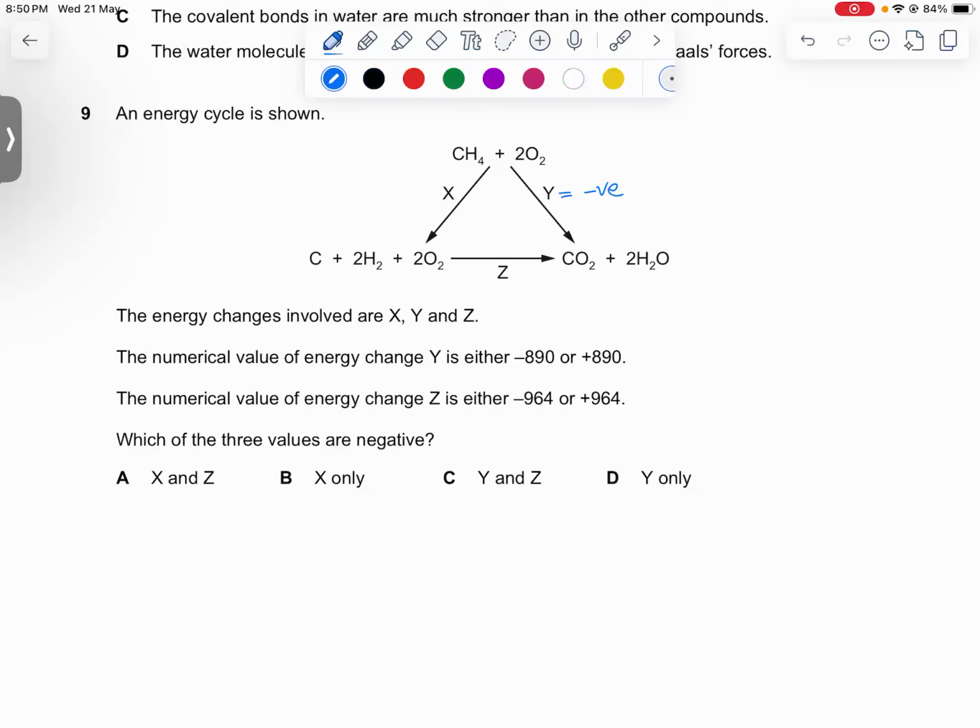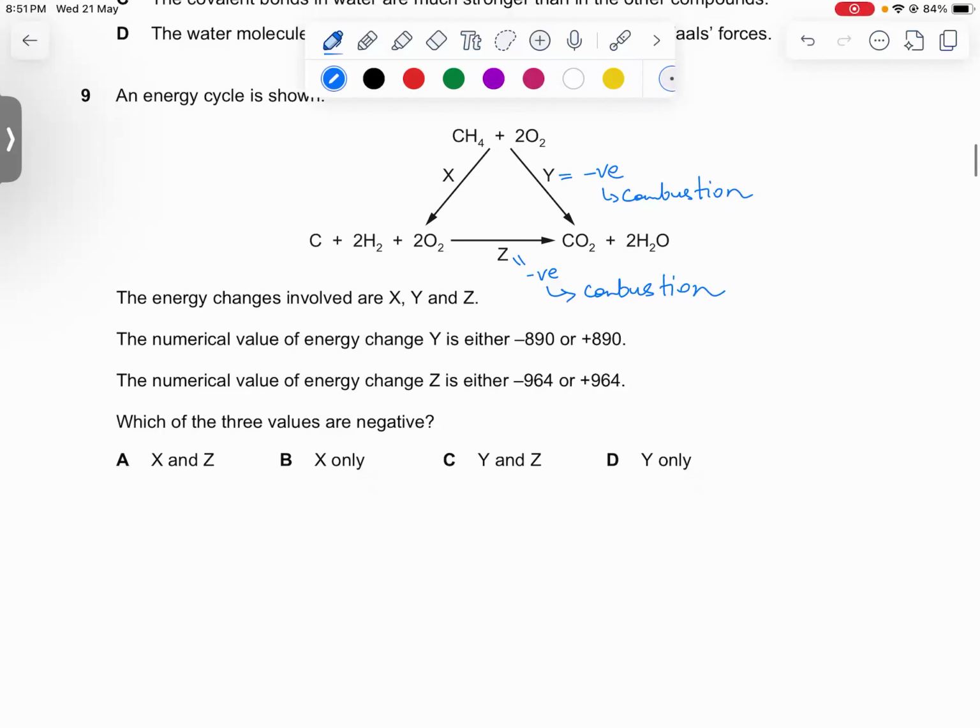negative. Why? Because this is a combustion reaction. This is a combustion reaction, right? So because it is combustion, this value should be negative. Similarly, this value should also be negative. Why should this value also be negative? Because it is also a combustion reaction, carbon burning with oxygen, hydrogen burning with oxygen. All right. So both are combustion reactions.